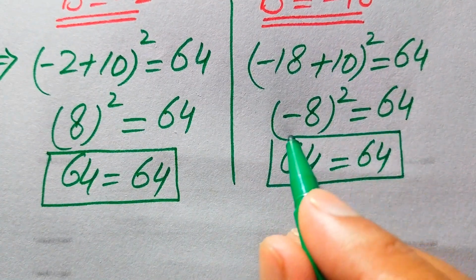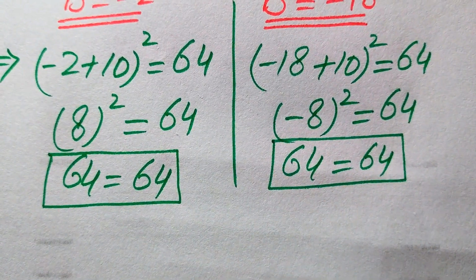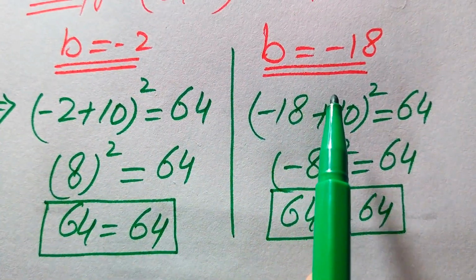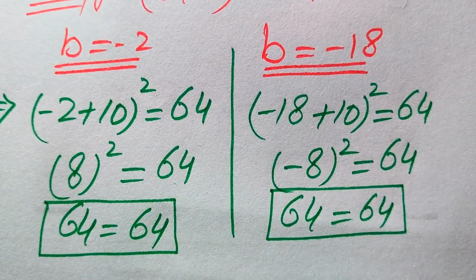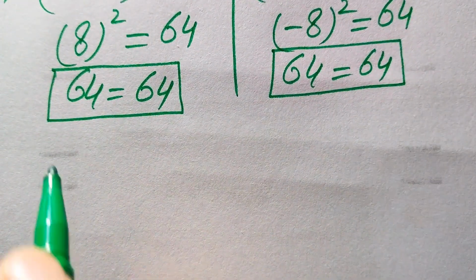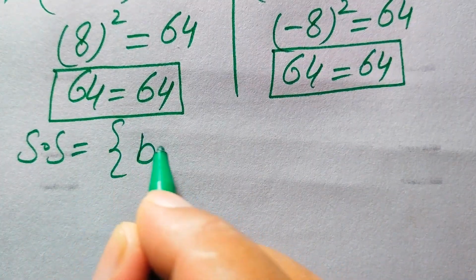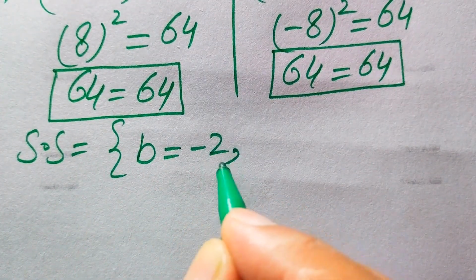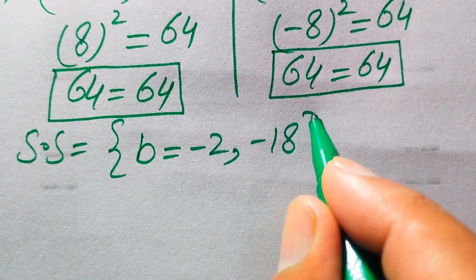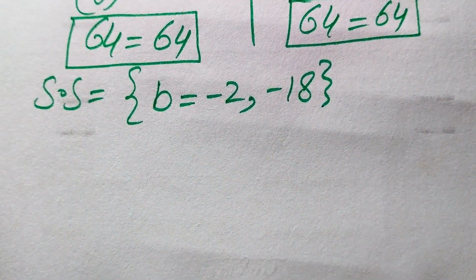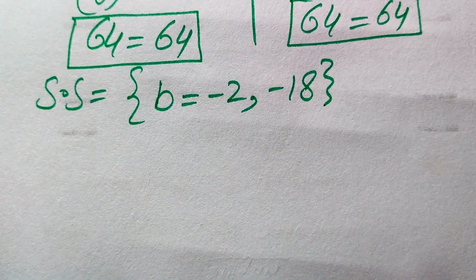This again shows that both of the sides are equal. It means that both of the values satisfy our given question statement. Finally, we conclude that the solution set of the given question is b = −2 and −18. These are the two roots of the given equation which we get in the first method.